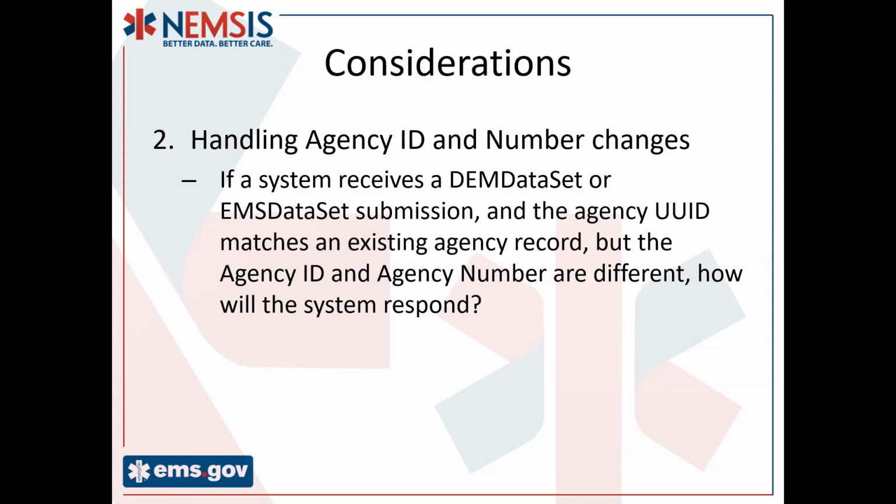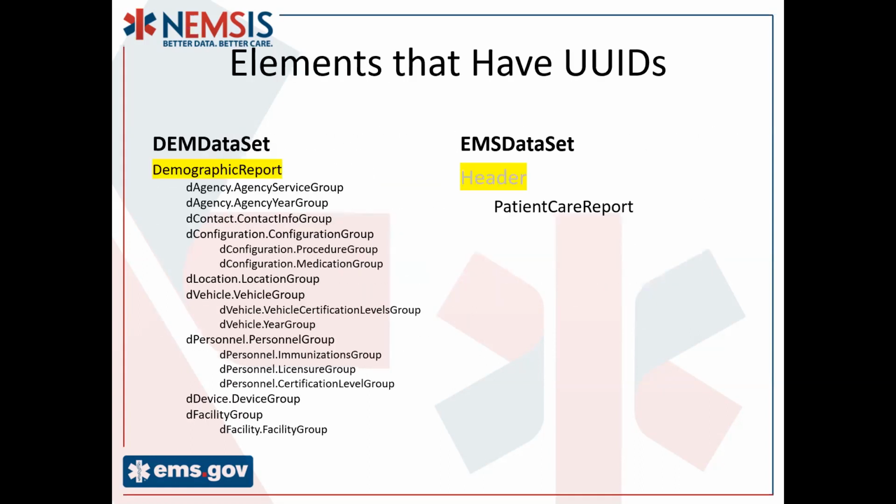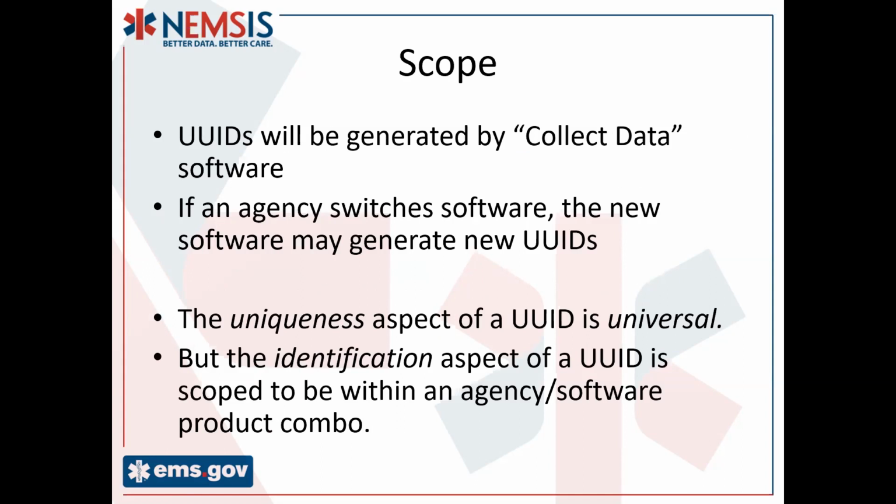Yeah, I probably should have commented on that. The uniqueness aspect of a UUID is universal. So it would be an infinitesimally small chance that the same UUID would be generated for two different objects at any level. So we're scoping the identification to be within an agency, but the uniqueness of a UUID is in fact universal. Right, but for that scenario, I'd expect that the software is going to say, okay, I've been given this UUID, I'm going to look in the agency UUID column for a match.